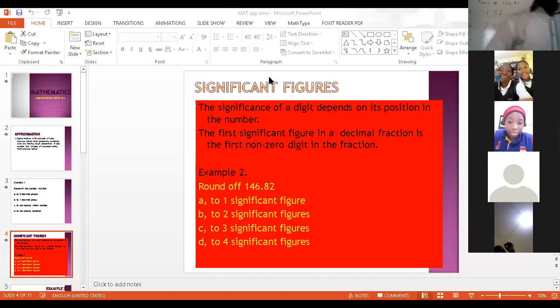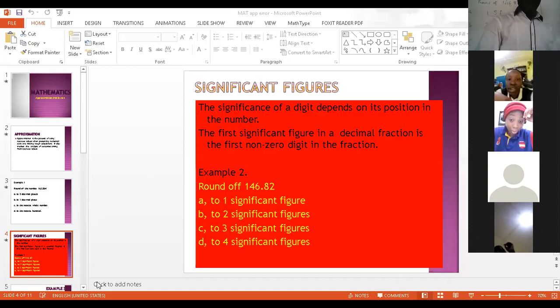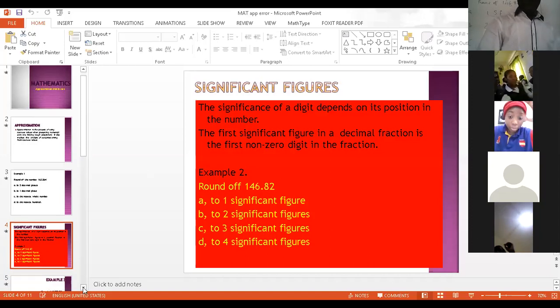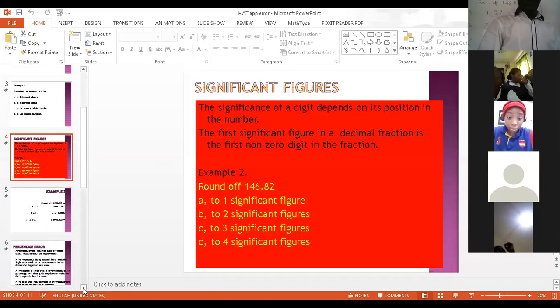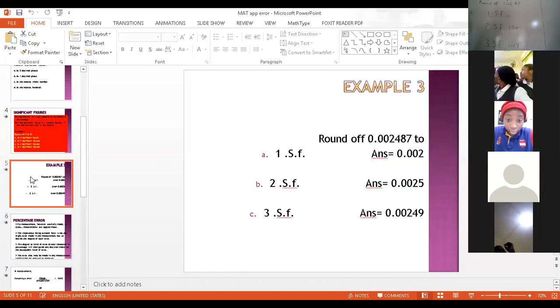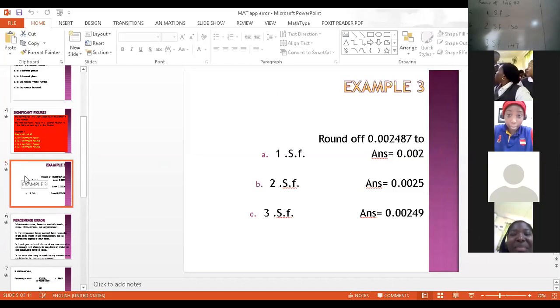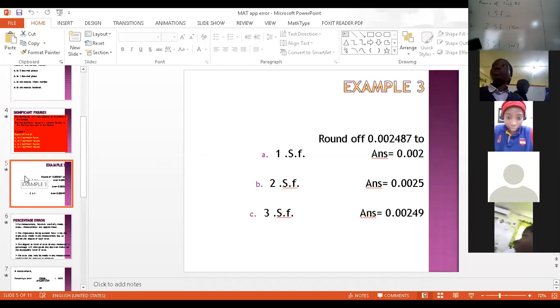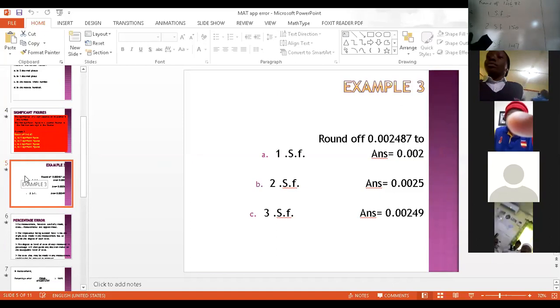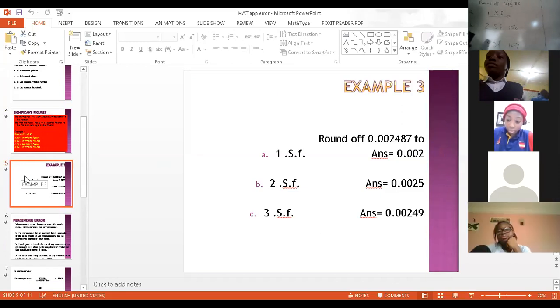Okay. Next, we move to the next slide. Here's another example. Remember, I told you that in the decimal fraction, the first non-zero number is the most significant number.